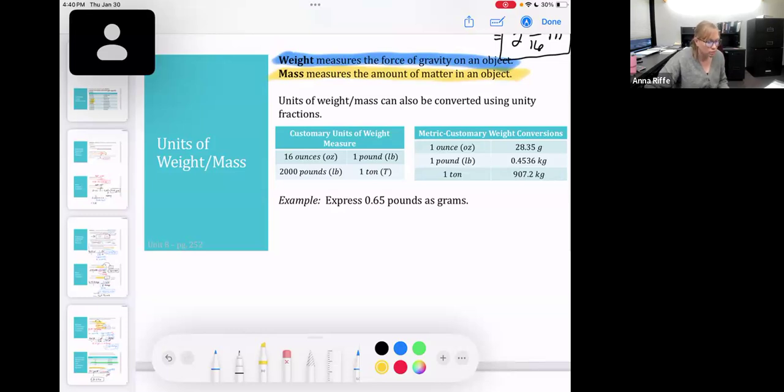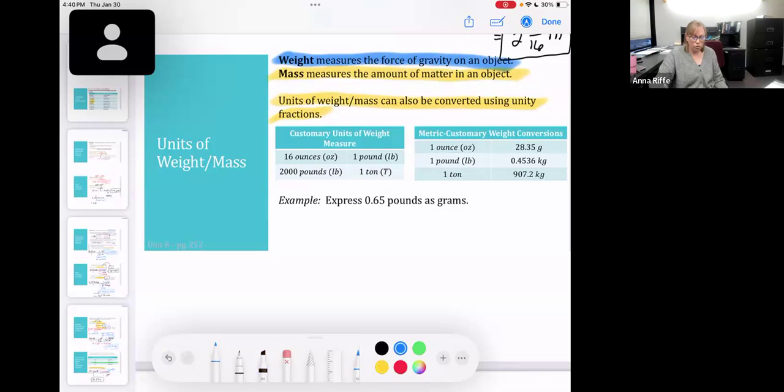It seems like a change, but it's really not. We measure on Earth mass by its weight. So units of weight and mass we can use interchangeably here. And we can use that same process of unity fractions to convert between units of weight and mass.